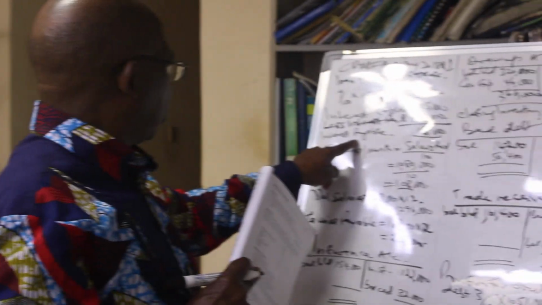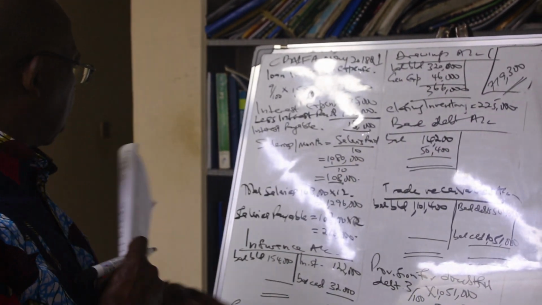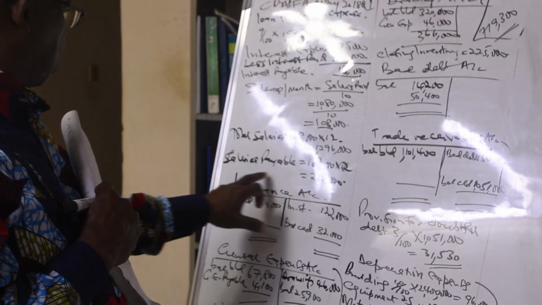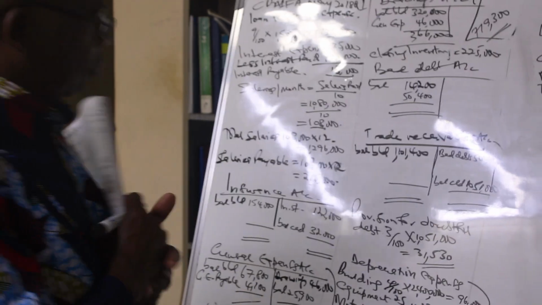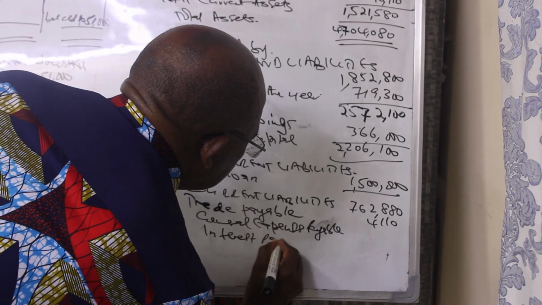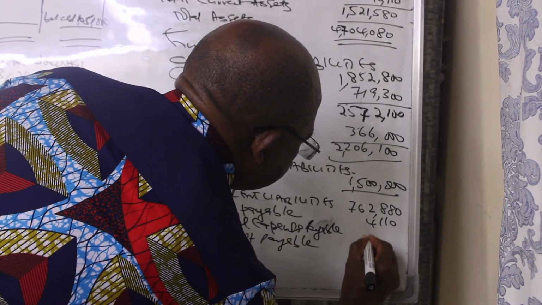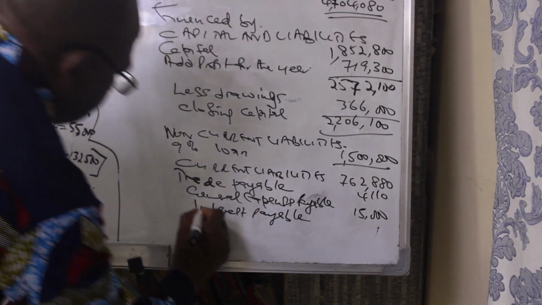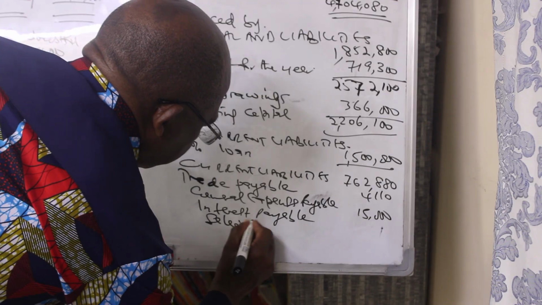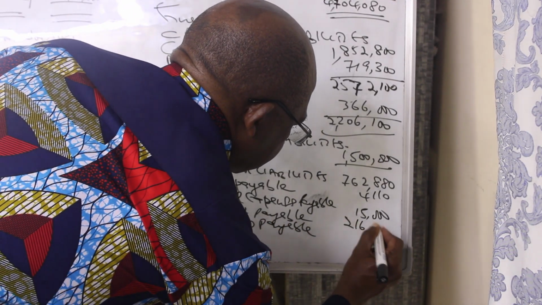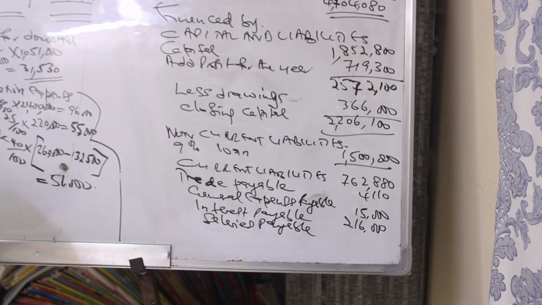We actually had interest payable of 15,000, and we also have salaries payable of 216,000. Salaries payable of 216,000.